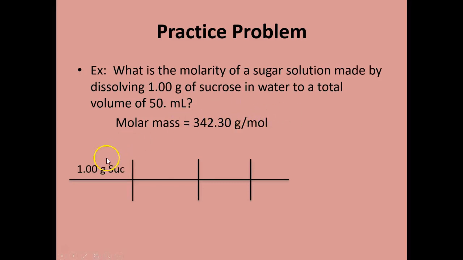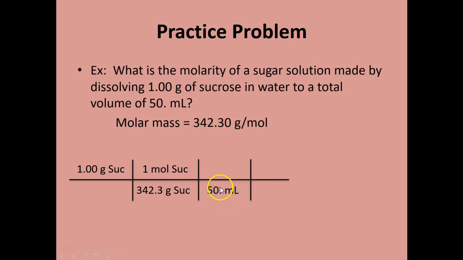Well, if you know that you've got 1 gram of sucrose, you are going to now convert that to moles. And so we do that by dividing by molar mass. So 1 mole of sucrose is 342.3 grams. That eliminates grams, and we've got moles of sucrose. That is in 50 milliliters of solution.